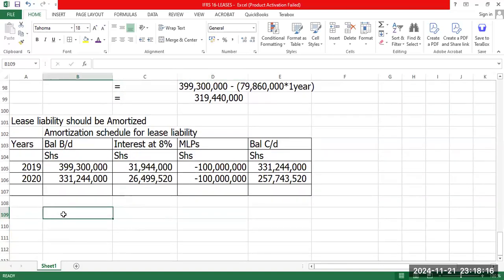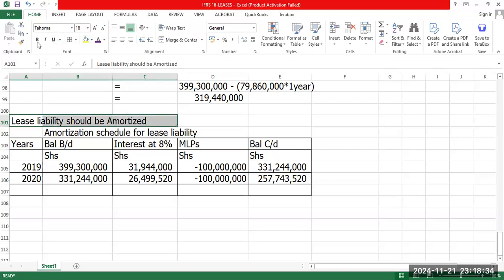We needed to know what is the lease liability for this current year. Remember, we said that this lease liability should be amortized. You're looking for the liability for each reporting period. That's why you are preparing an amortization schedule.